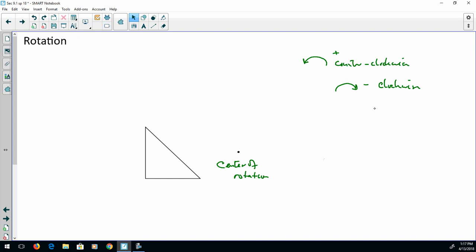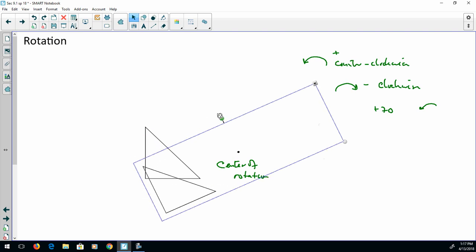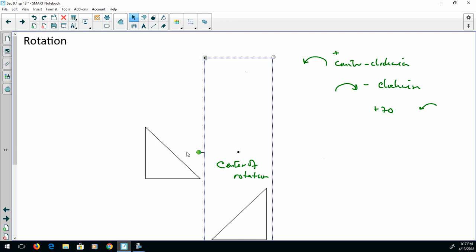Okay. Let's see what we've got here. So we'll rotate it in a positive direction. That will be this way. By the way, this is a 90-degree rotation. So a 70-degree rotation is going to be something kind of less than that. And I probably shouldn't have specified a degree here.